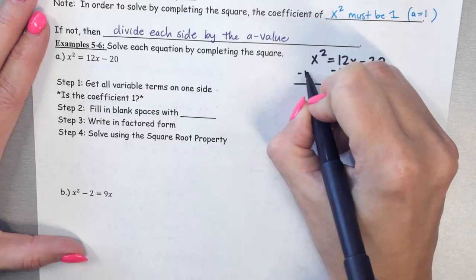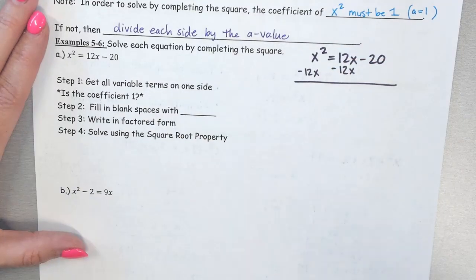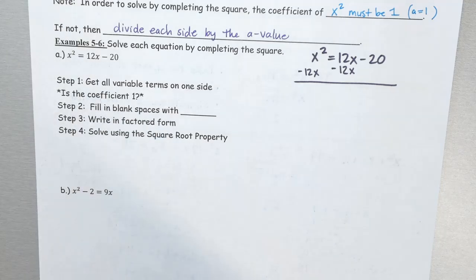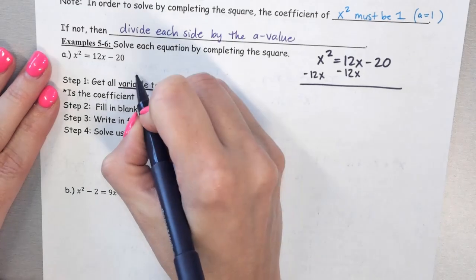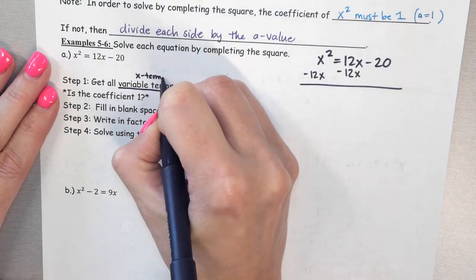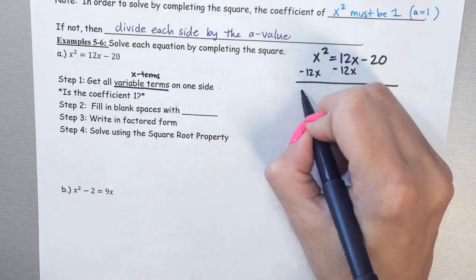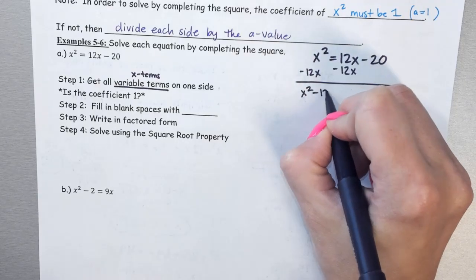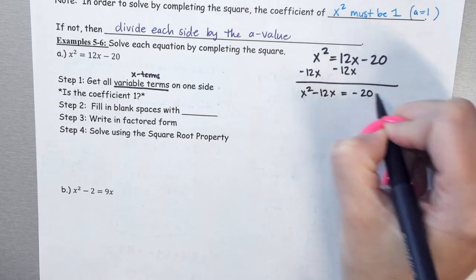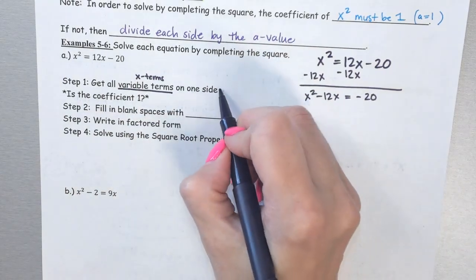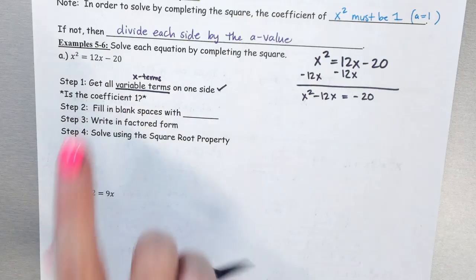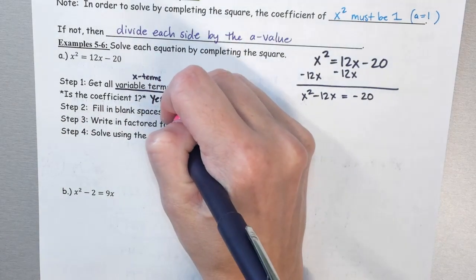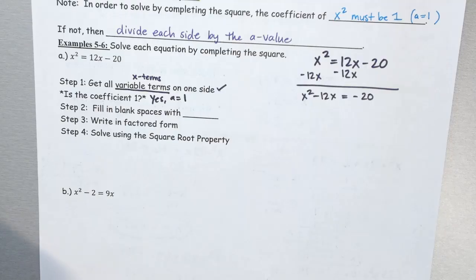I don't want to have to manipulate anything else, so I'm going to move everything to that side. Variable terms just means your x terms. So you have x squared minus 12x equals negative 20. Done. Is the coefficient of A 1? Yes, A is equal to 1.